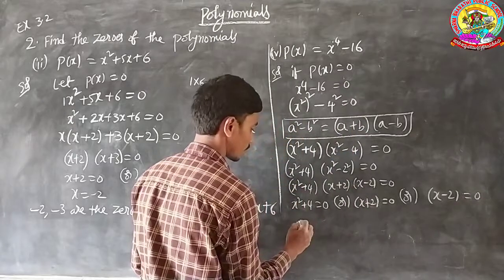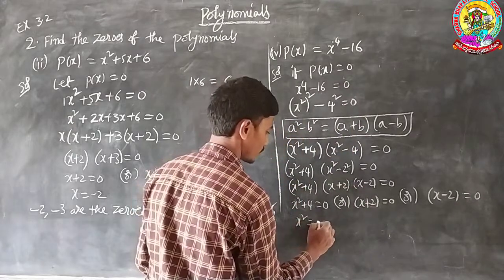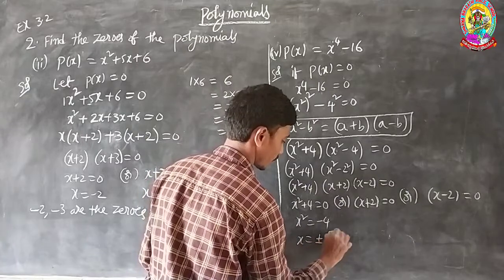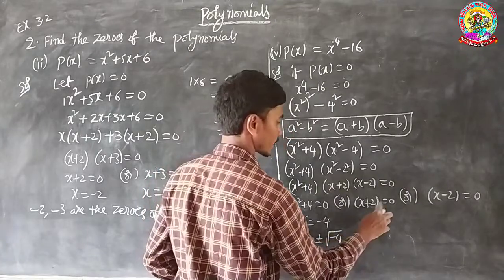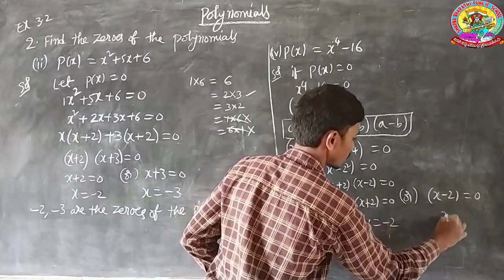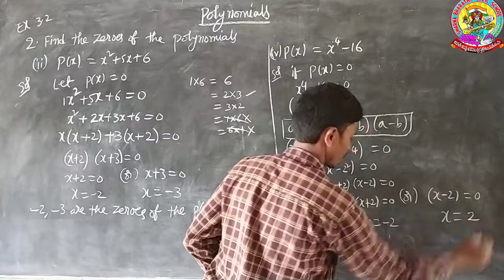If x square plus 4 is equal to 0, x square is equal to minus 4, x is equal to plus or minus square root of minus 4. If x plus 2 is equal to 0, x is equal to minus 2. If x minus 2 is equal to 0, x is equal to plus 2.